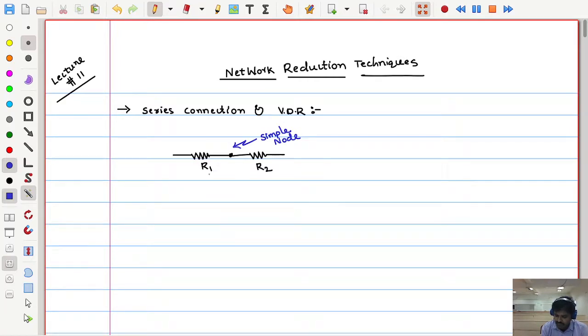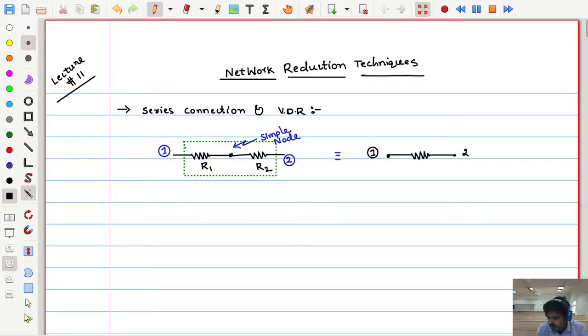So like this, if we have two elements connected in series between, let us say, two nodes 1 and 2, these two elements can be put inside a small box like this. Now I can say that these two elements can be replaced by a single element whose value is the same as that of the two elements.